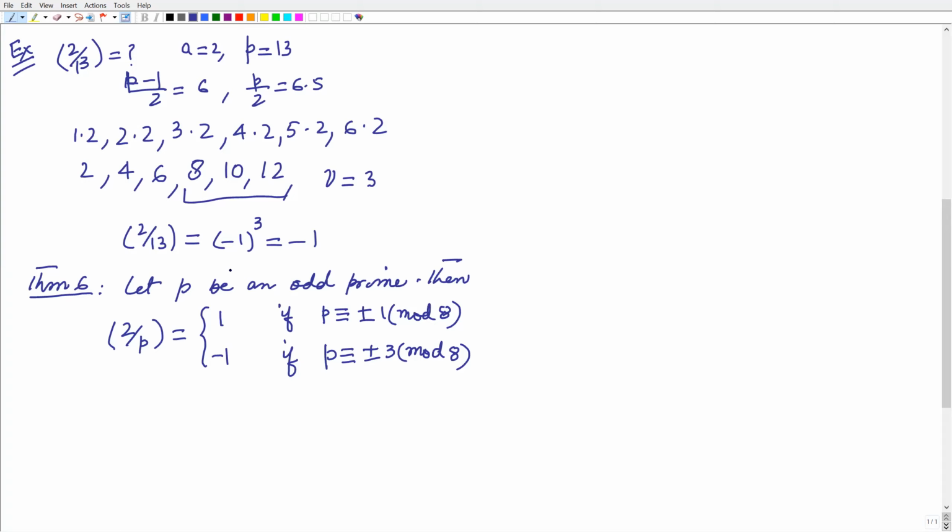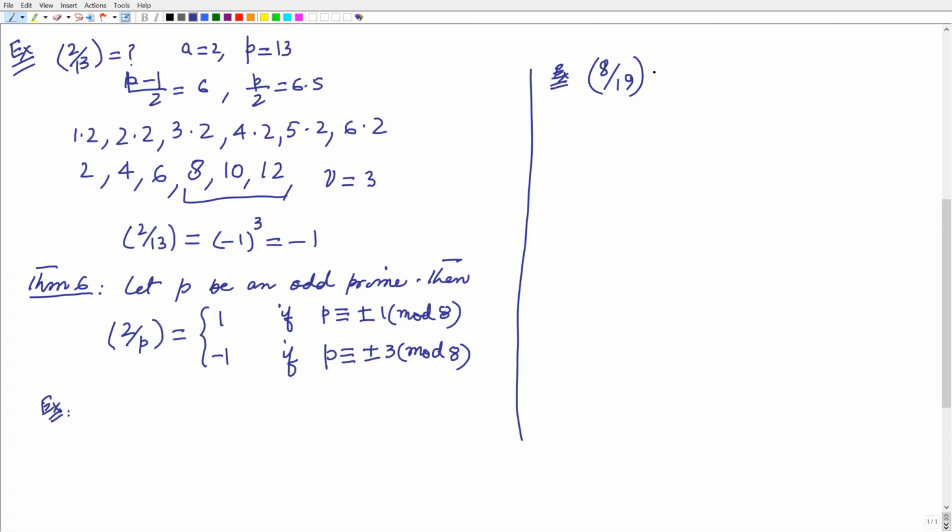For example, let me give an example. Legendre symbol of 8 over 19.